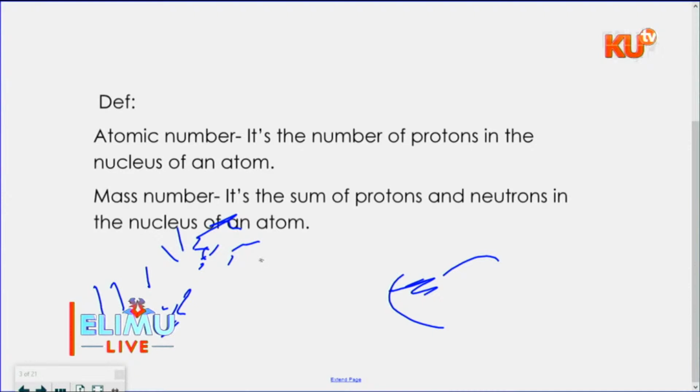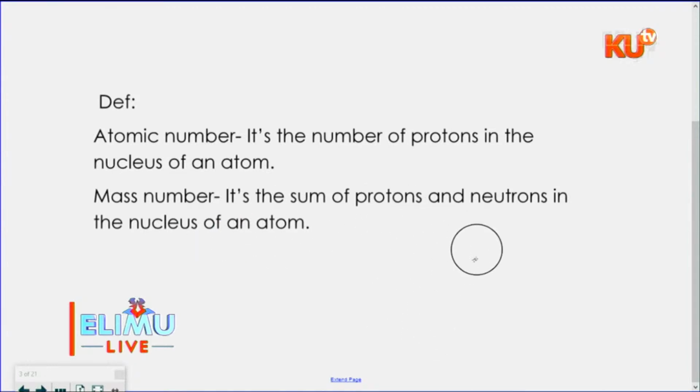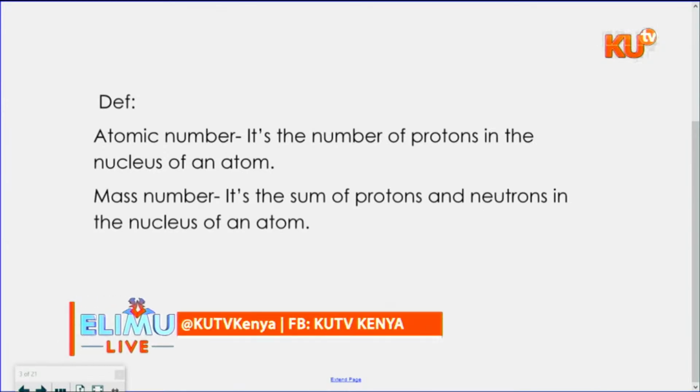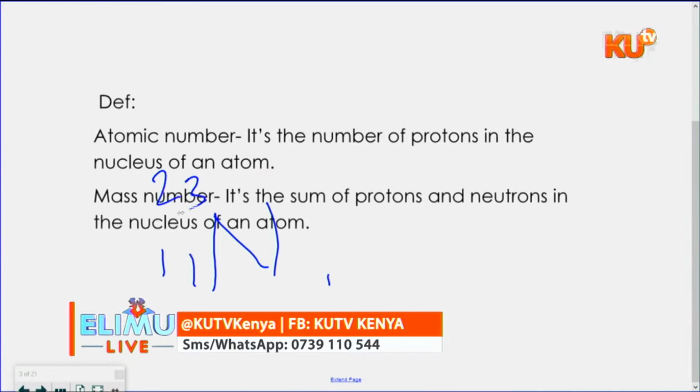First let me rub so I can show the symbol of sodium. If the element is Na, then that's your Na. Then down here, you put 11. Up here, you put 23.